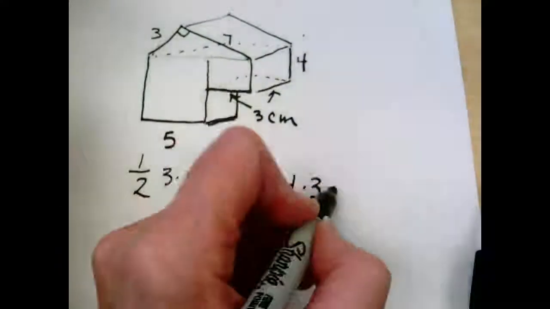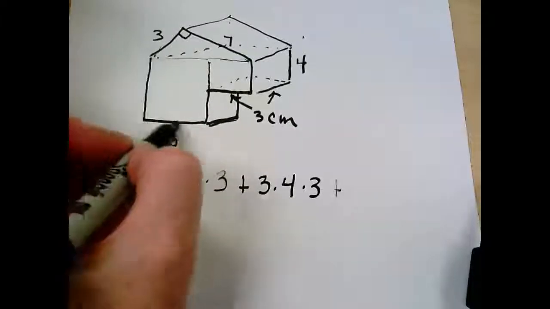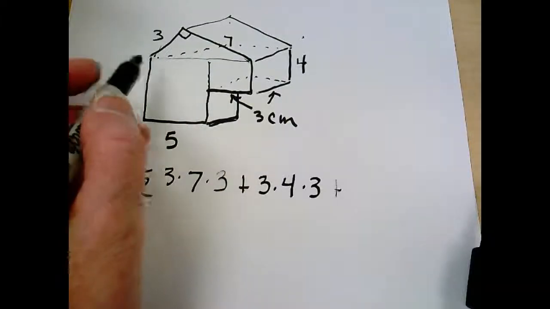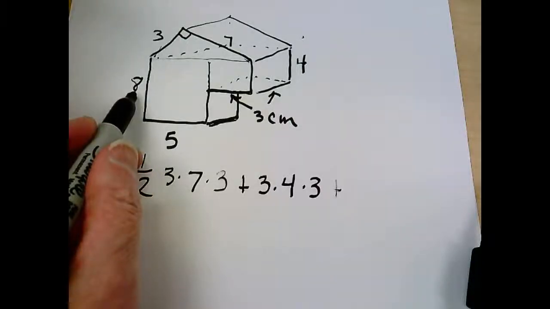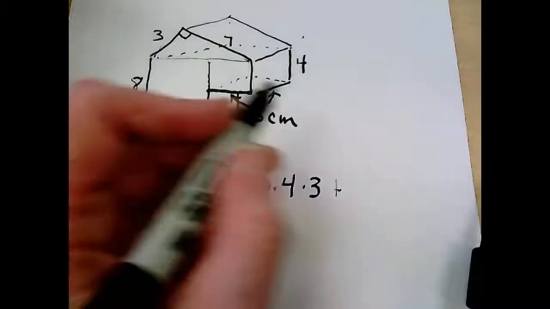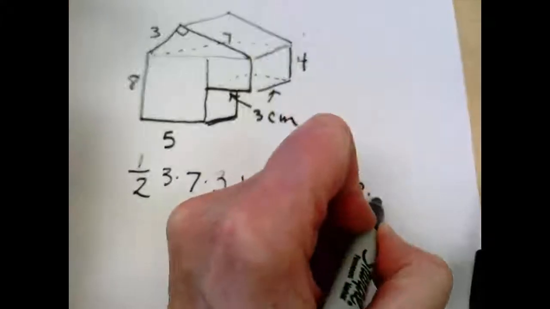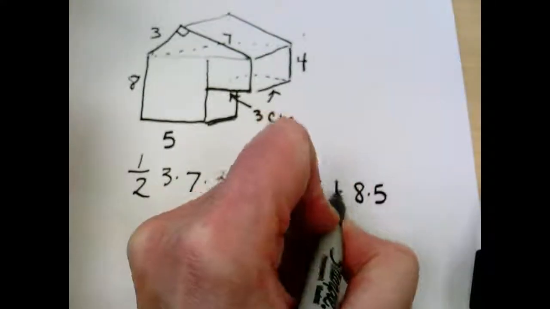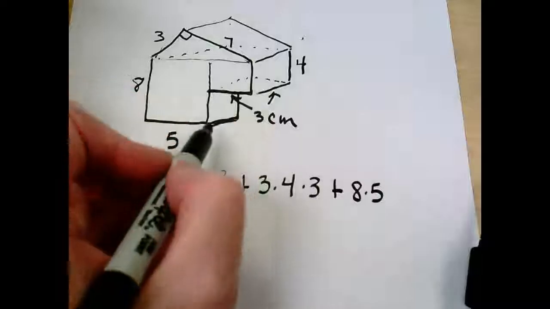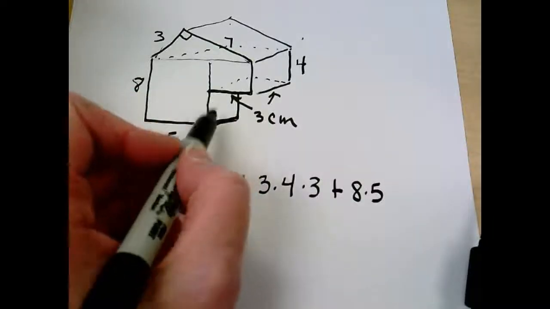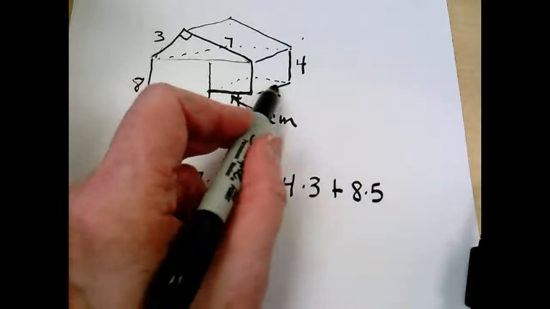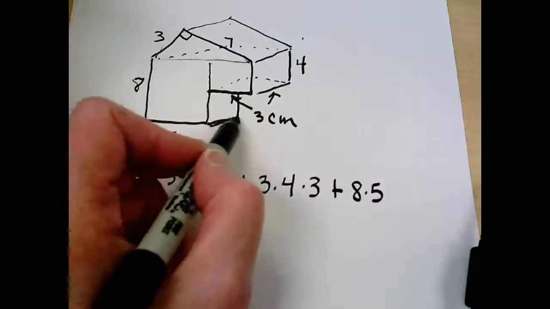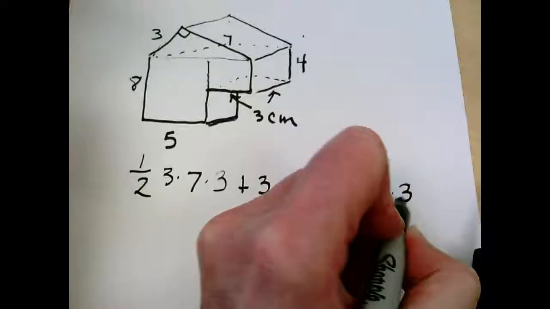And last but not least, this rectangular prism, its height is 8 times 4. Sorry, that was a 5. And then your height going this direction is the same as this width. They match up. That was 3.